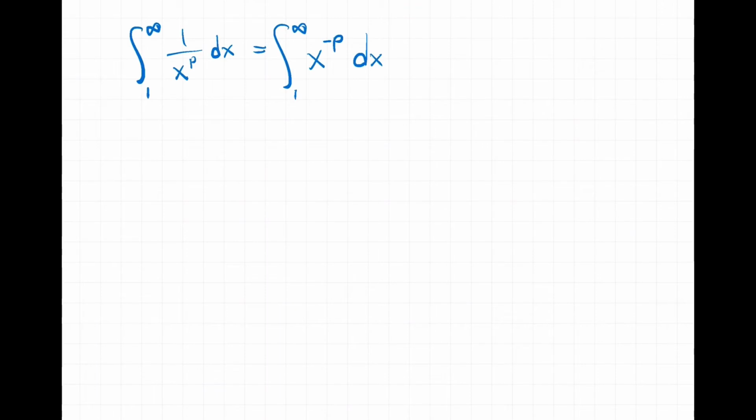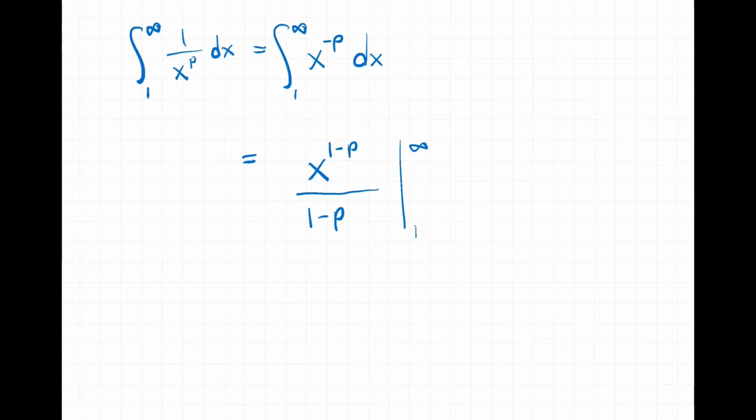Now, the antiderivative here, therefore, is going to be x to the power of negative p plus 1, I have to raise the power by 1, divided by the new power. So, in fact, we can call that 1 minus p instead. They'll go from 1 to infinity.